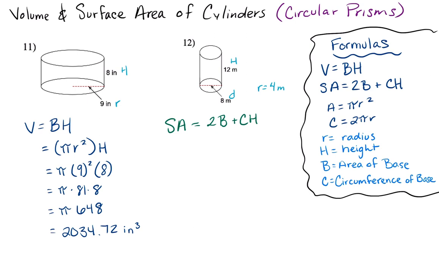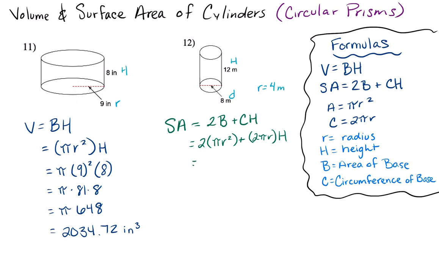Going back to our formula, we want to start rewriting. We get 2 times the area of the base, which is going to be pi r squared, just like in the other problem, plus the circumference of the circle. That's going to be 2 pi r times the height of the overall cylinder. Once we replaced b and c with our area and circumference formulas for the circle, notice that in our equation all we have now is r and h, which values we know.